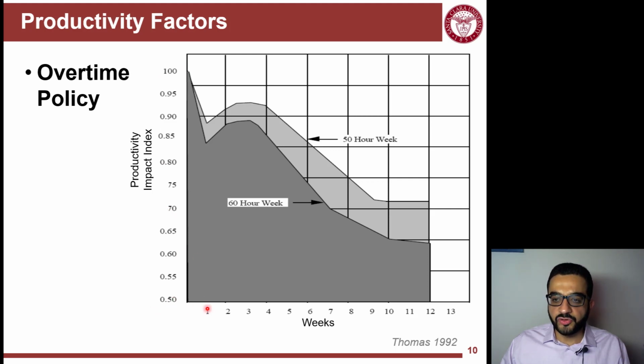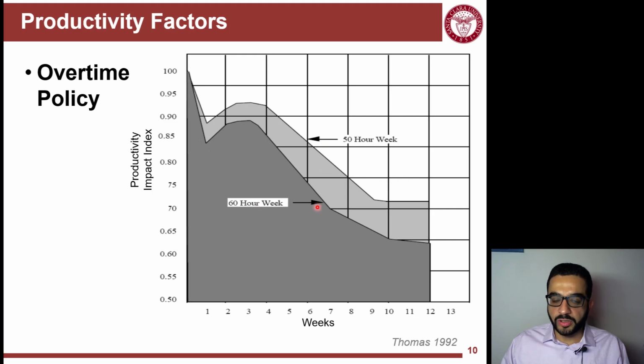You can see here the first week of implementing overtime, there is a big shock and workers kind of adjust to the overtime schedule, and then they get used to it, so they pick up some productivity that they lost in the first week, but over time they experience fatigue. And you can see here the lower curve, of course, is the 60 hours per week, while the top one is 50 hours per week. Makes sense?